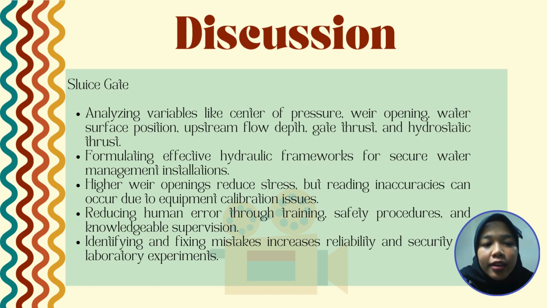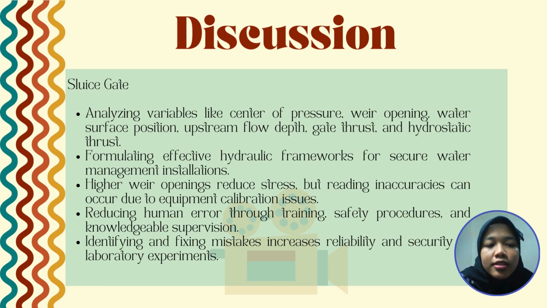A higher gate opening reduces stress on the sluice gate, but reading inaccuracy or measurement error can occur due to equipment calibration issues. To avoid this, proper measuring methods and routine calibration are recommended.